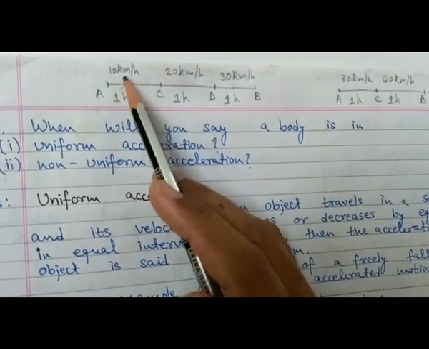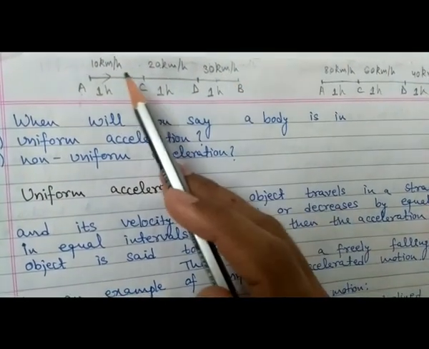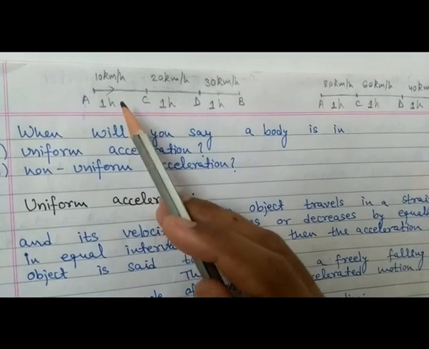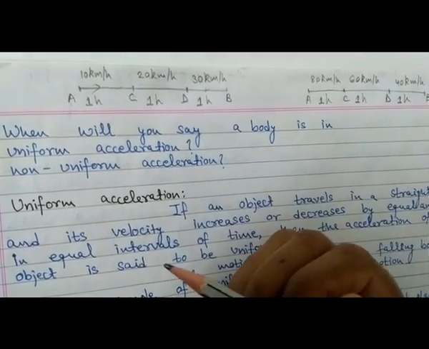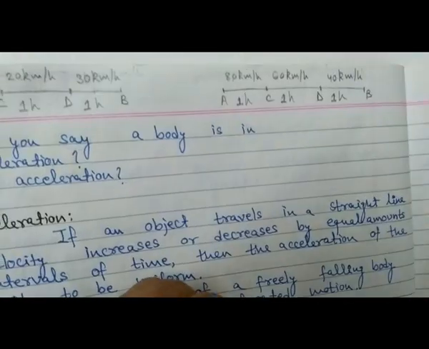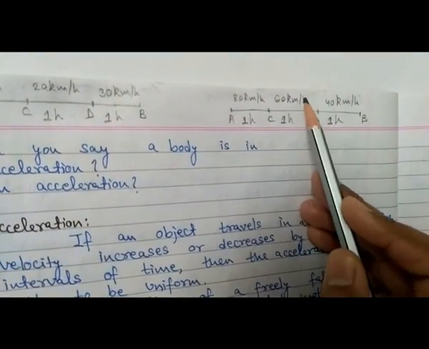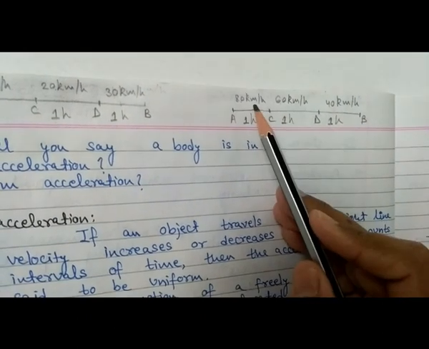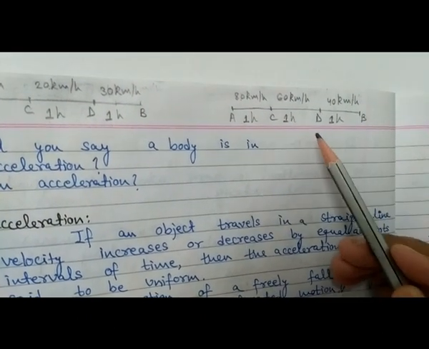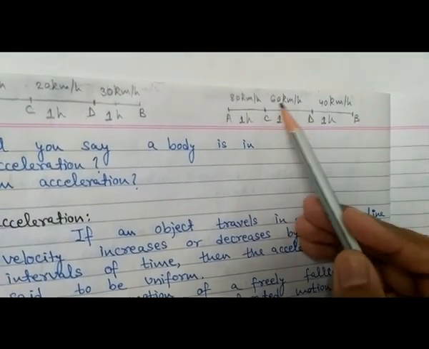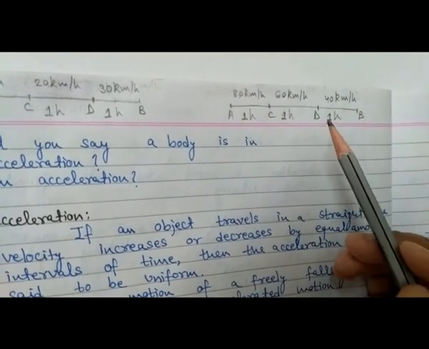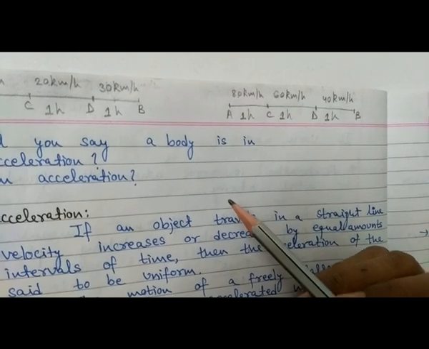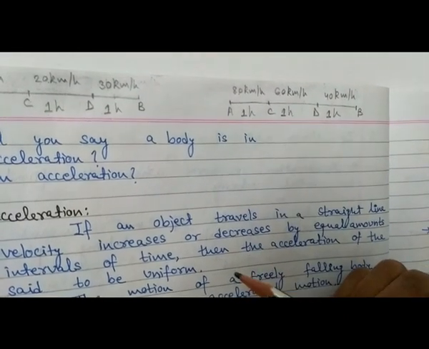Here there was a uniform increase in the velocity, and that increase was of 10 kilometer per hour in every 1 hour. And here there was a decrease in the velocity, and that reduction was of 20 kilometer per hour, isn't it, in every 1 hour.